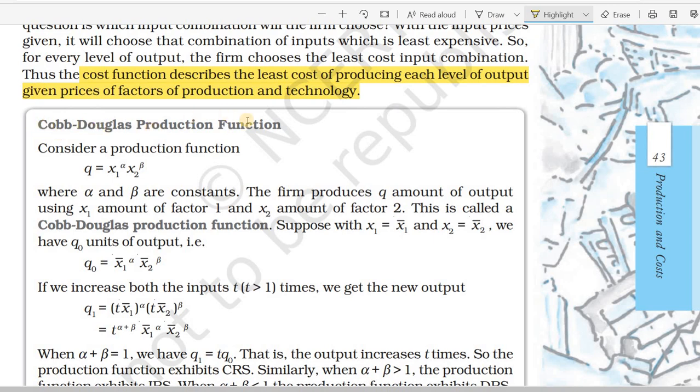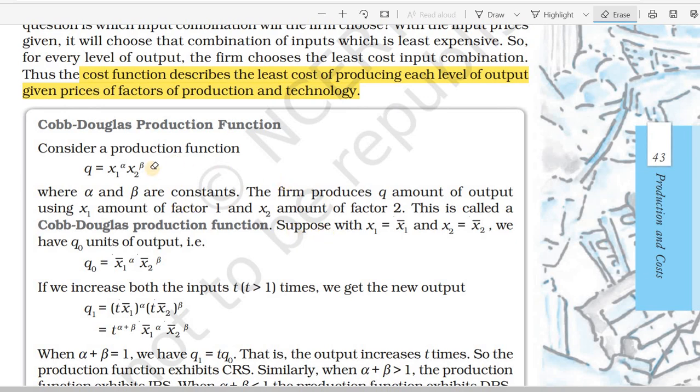The production function is Q equal to x1 alpha, x2 beta, where alpha and beta are constants. The firm produces Q amount of output using x1 alpha and x2 beta.